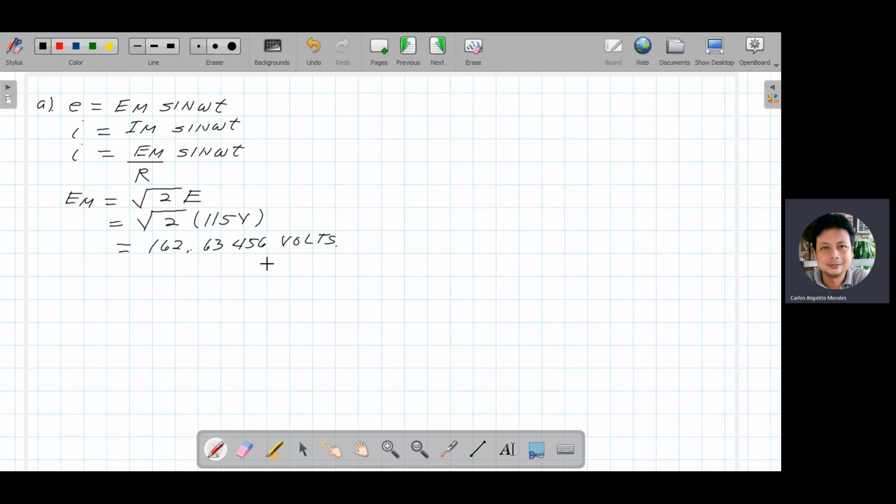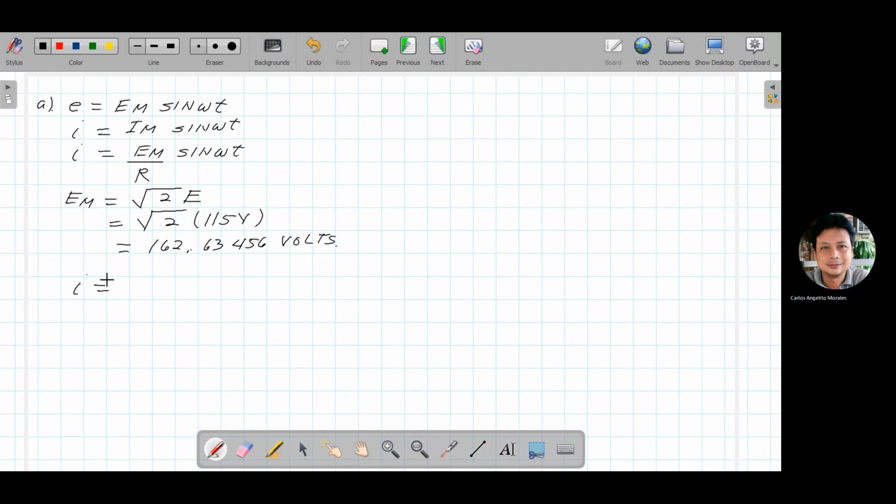Pero, hindi naman yan ang hinahanap. Actually, this is circuit with pure resistance, no? And then, solve natin yung current, no?